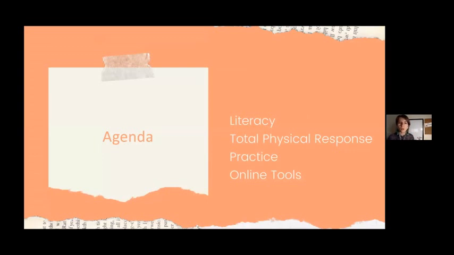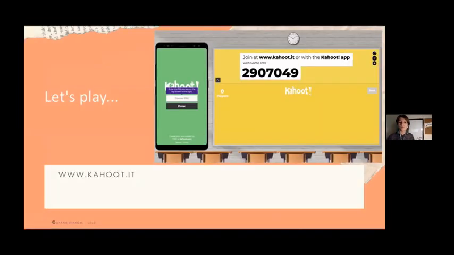However, because we're talking about folks who are beginners, oftentimes with very limited skills when it comes to literacy, this method is still applicable. And then we'll practice, and in the end, and also in the meantime, I will be introducing some online tools. Before that, this is just a screenshot, so don't pay attention to this pin number.